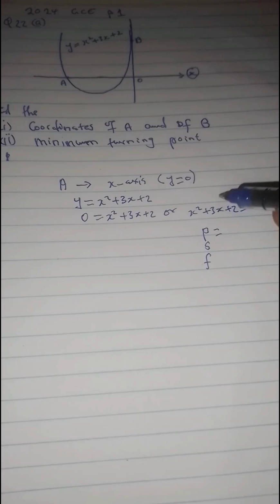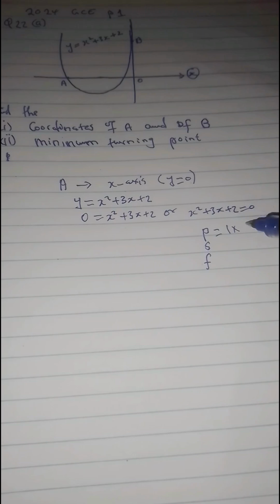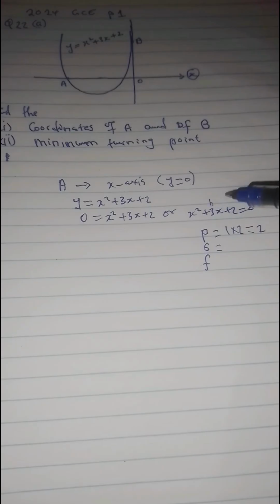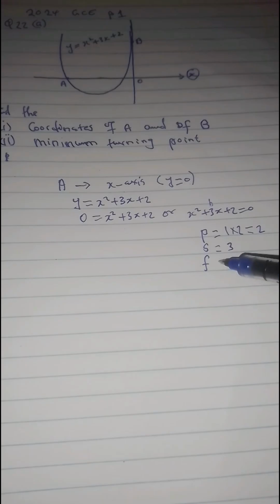For the product, we take the coefficient of x squared, which is 1, times the constant 2, and we get 2. There are no other two numbers that multiply to give 2, just 1 and 2. Then the sum is b, which is just 3. So the two numbers that add to give 3 are 1 and 2.